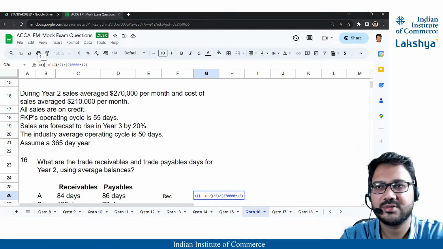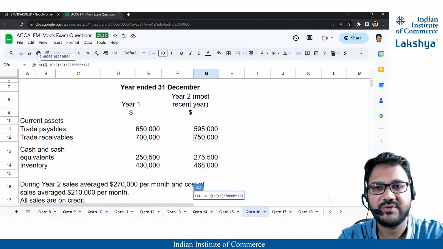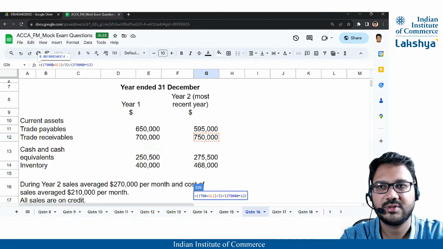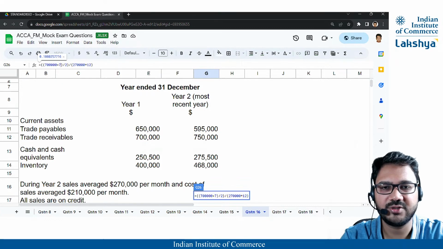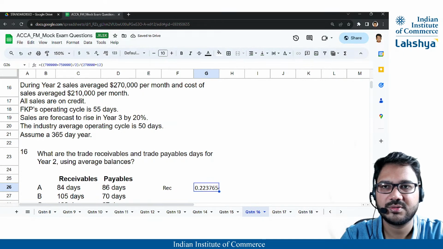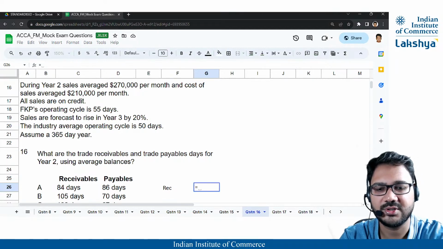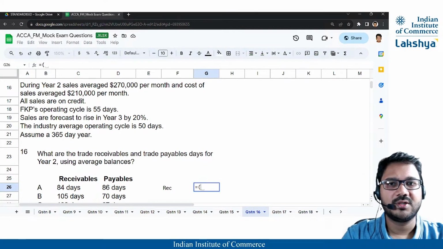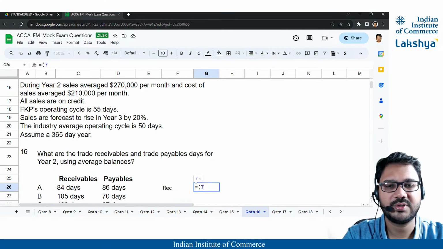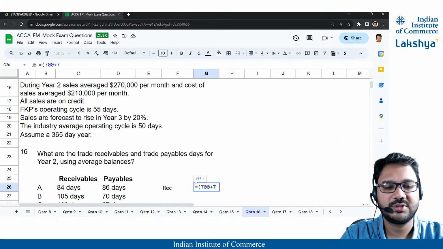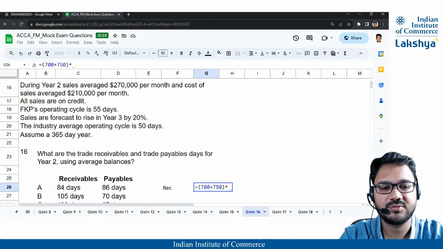So it is 700,000 plus. If you're typing manually, then we could have just done 700 plus 750 divided by 2. Okay. Wait, let me just redo it. 700 plus 750 divided by 2.